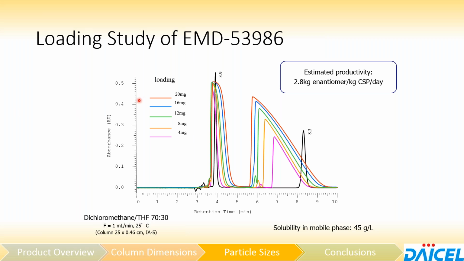It's roughly 20 milligrams of material on the column. And what we see here is obviously the tail of peak 1 is slowly approaching the front of peak 2. We might even be able to load more material on the column in this case, but it demonstrates the point that we're loading more and more and more on the column. And so we can calculate our productivity and figure out, especially if you're buying a new column, what size do I need given the scale that I'm trying to separate.